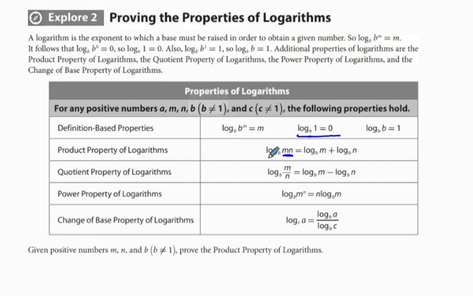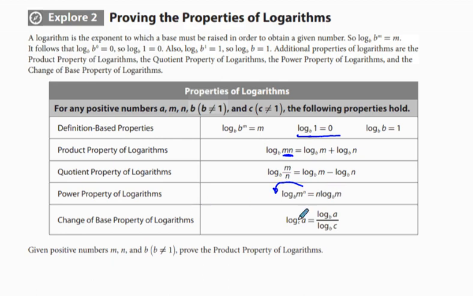The quotient property: if you have a logarithm of a division, that's going to be equal to the log of the numerator minus the log of the denominator. The power property of logarithms: if you have the log of something to a power, you can take the power and move it out front.